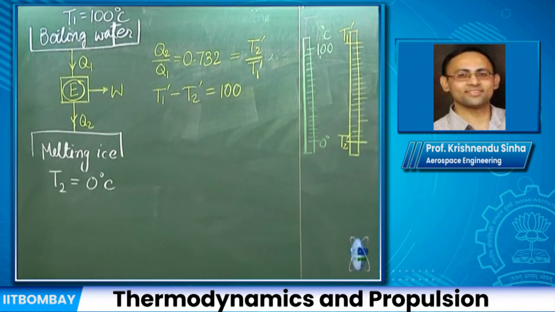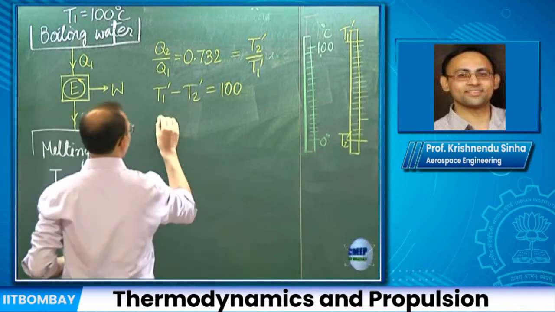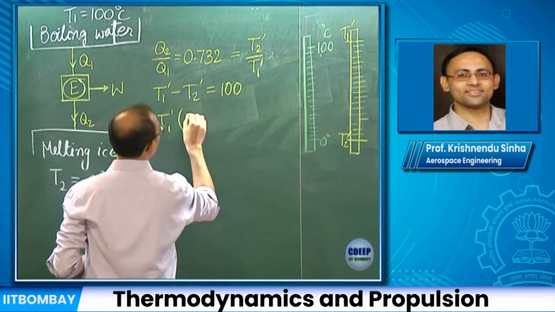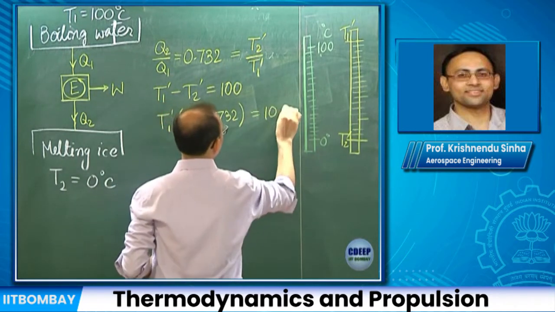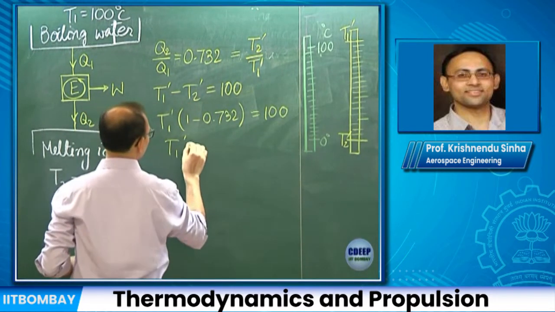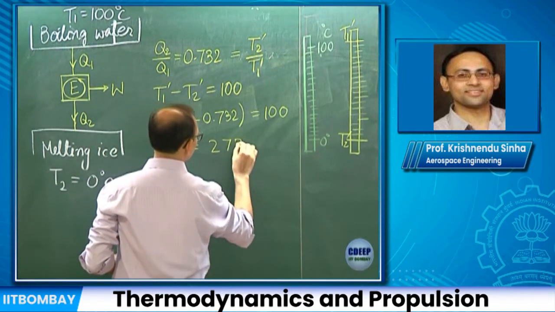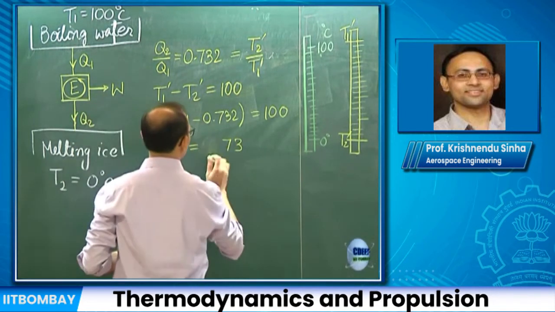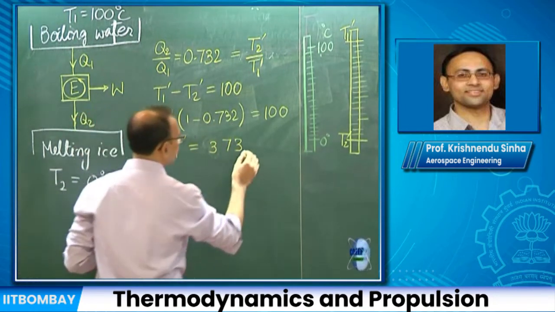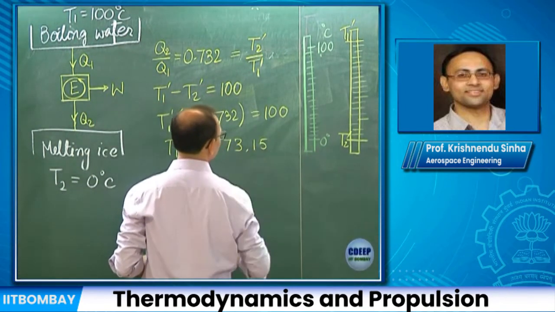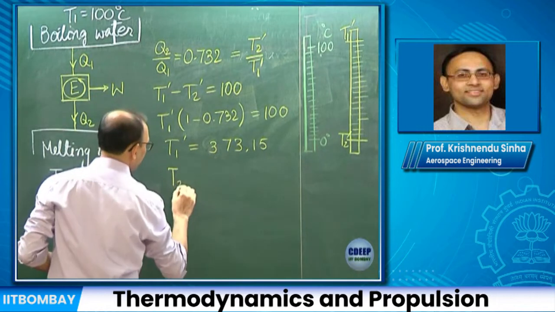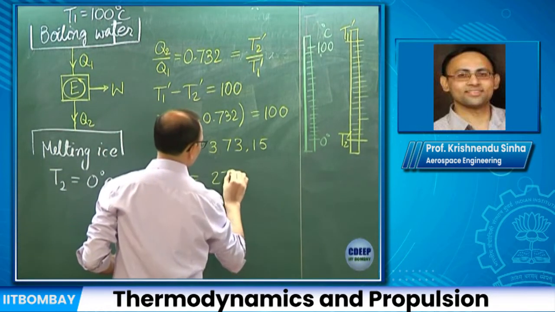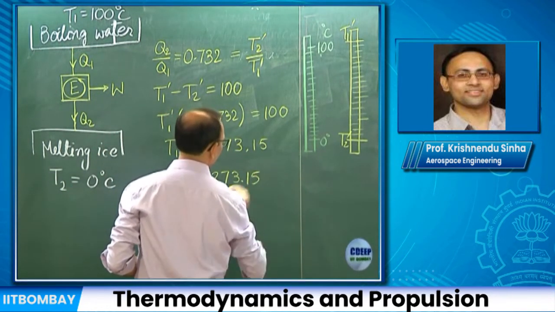T1 prime times 1 minus 0.732 equal to 100, and if you pull out your calculator and check, T1 prime is 373 point some 15 value. T2 prime is 273.15.